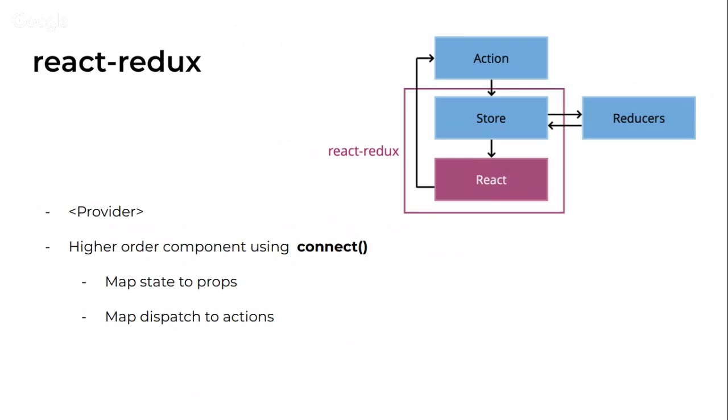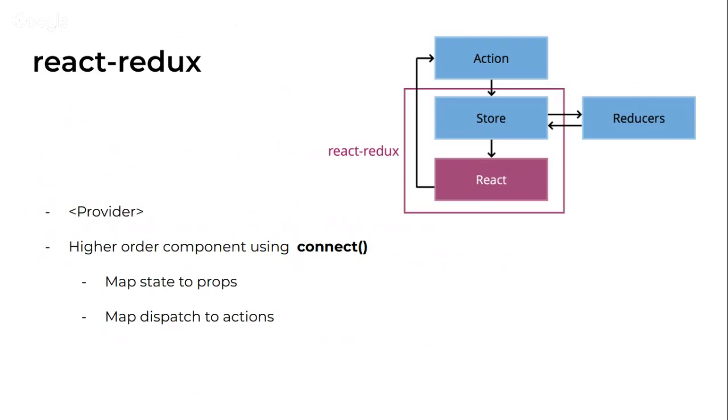Let's say in the case of an e-commerce app, it can be a product list. It takes a product list component and also some information from the store, and makes sure your store state and component state are in sync. Whenever you dispatch something from the component, it goes to the store. Basically it gives you the capability for state in Redux to be accessed inside the component, and also to update the state from your component.